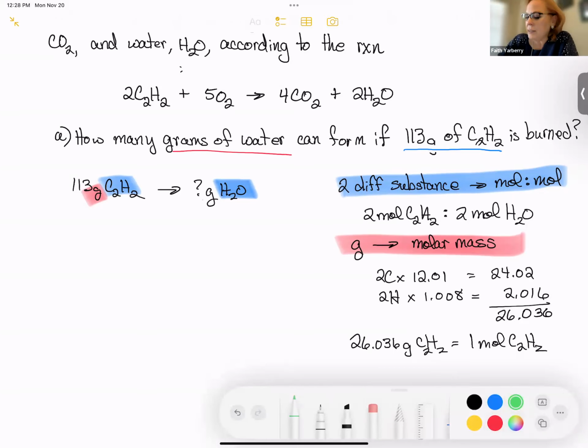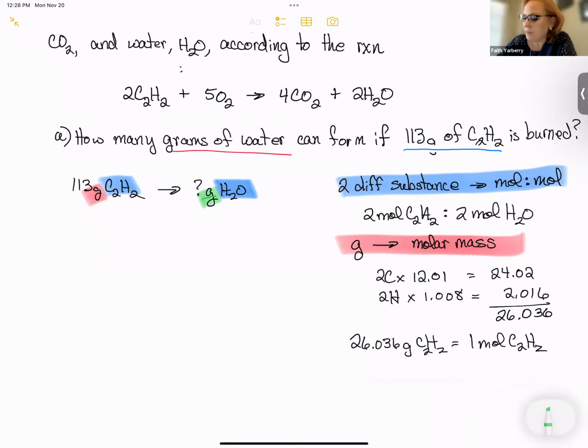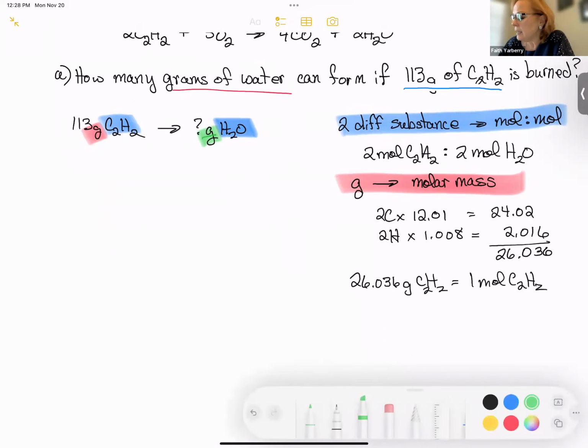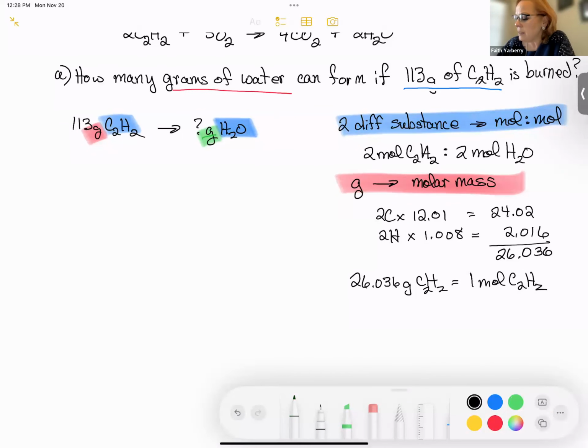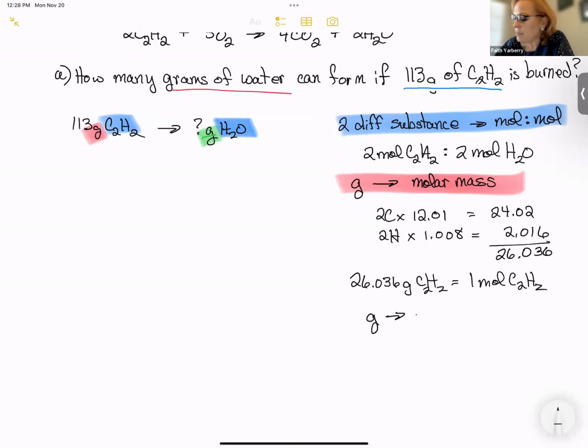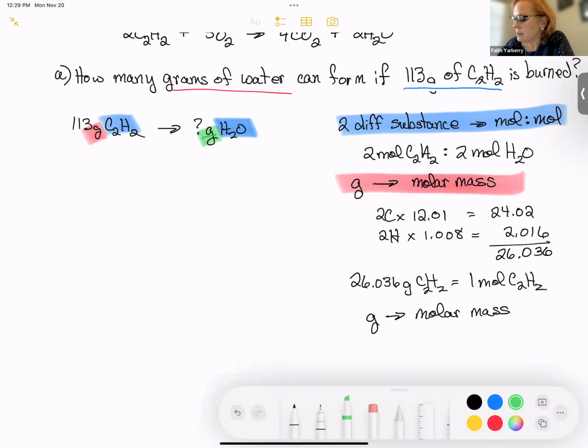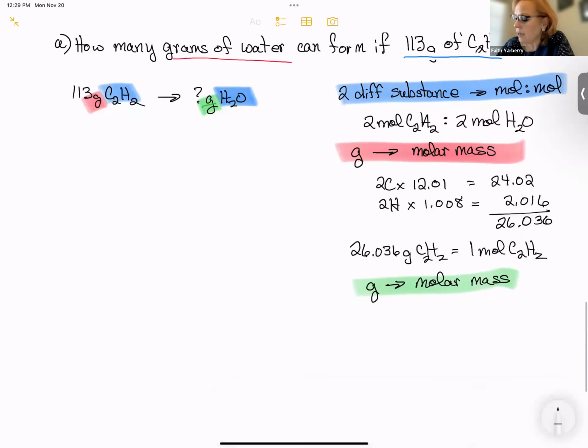Finally, I notice that I need grams of water. Again, anytime I need grams, I need the molar mass. So I have 2 hydrogens times 1.008, and I have 1 oxygen times 16.00.